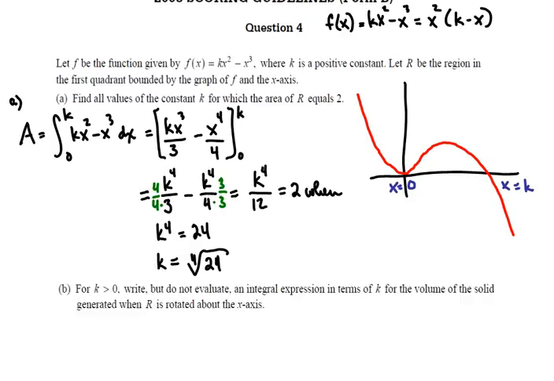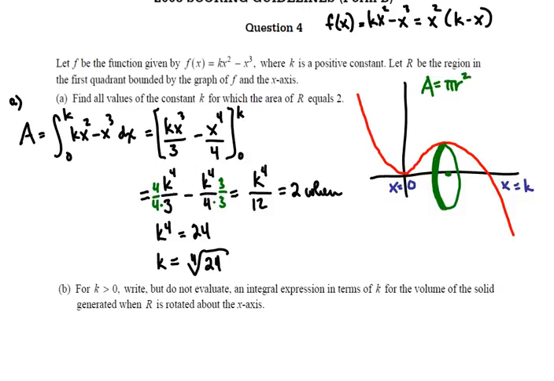For part B, for k greater than 0, we want to write but not evaluate an integral expression in terms of k for the volume of the solid generated when R is rotated about the x-axis. And so what we're looking for is to use the disk method to find the volume of the solid created when that region is rotated.